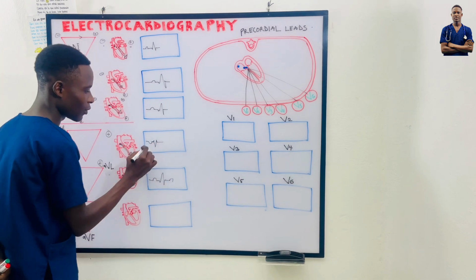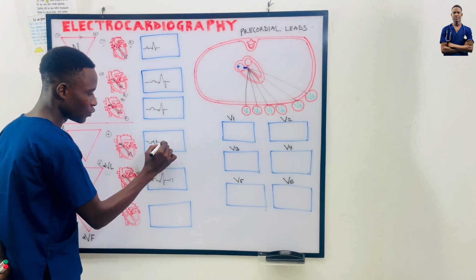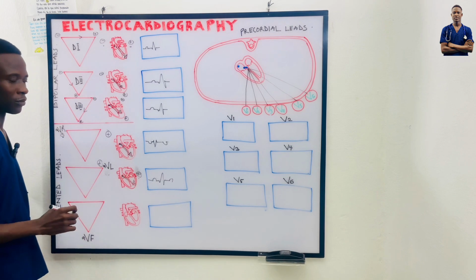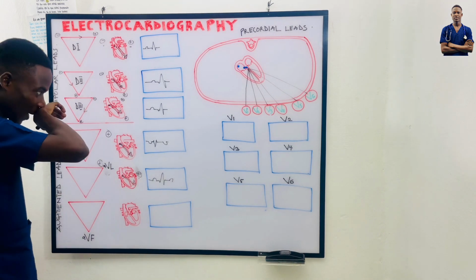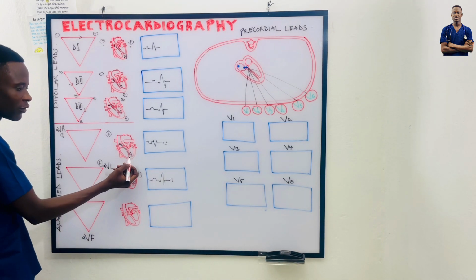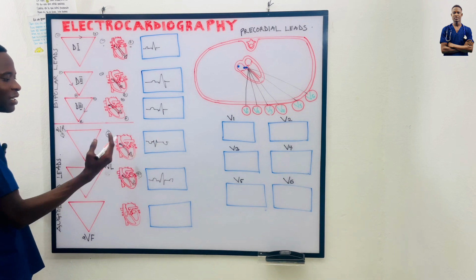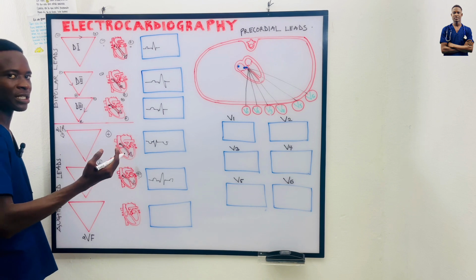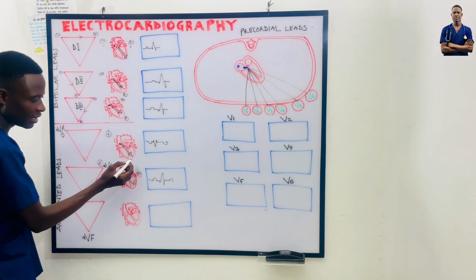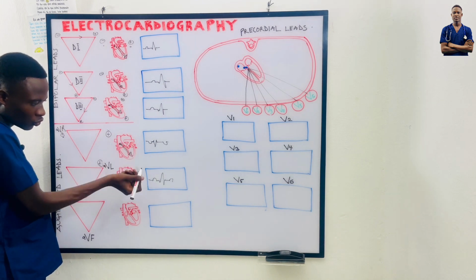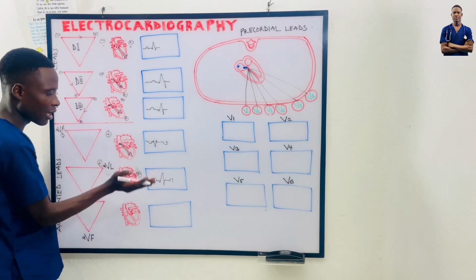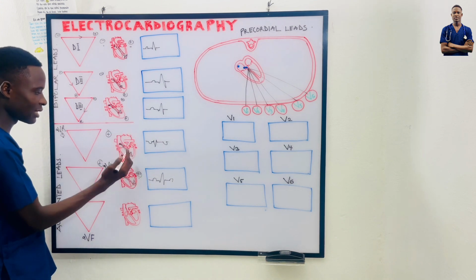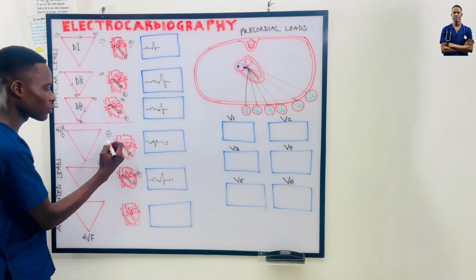Sorry, here I didn't bring the T waves. The T wave too will be negative. Do you understand? Now, why? Because here, the T wave is the repolarization of the ventricle, and it's actually the movement of the negative vector. Do you understand? So as the negative vector moves towards the base of the heart, it will be moving towards the positive.